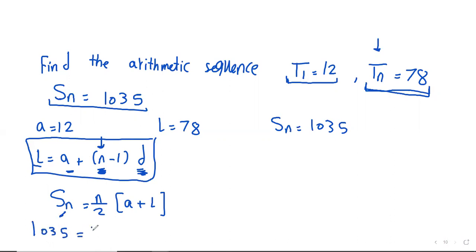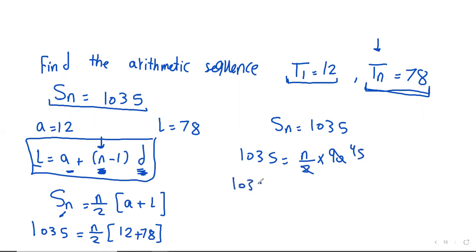So 1035 equals N over 2 multiplied by (12 plus 78), it's 90. Simplify, it will be 45. So 1035 equals 45N. Divided by 45, so N equals 1035 divided by 45. N equals 23, by using the calculator.